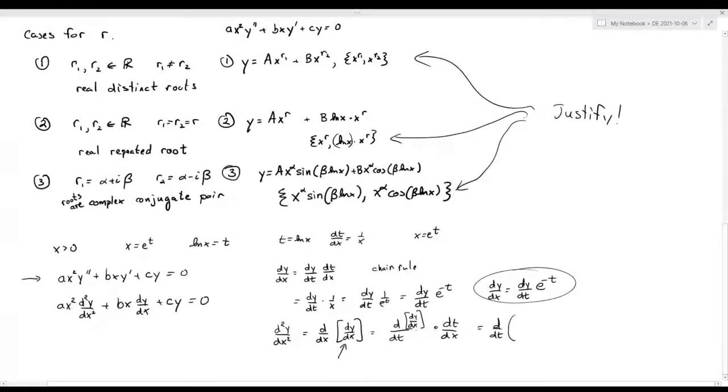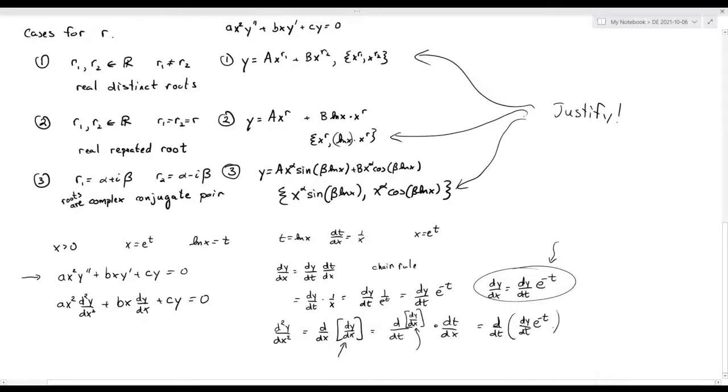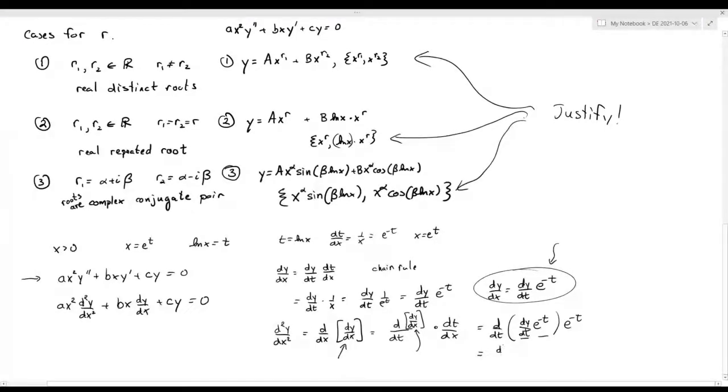So dy dx we already computed, and dt dx we already know is 1 over x, which is nothing but e to the minus t. Now both of these are functions of t, so we're just going to use the product rule there.